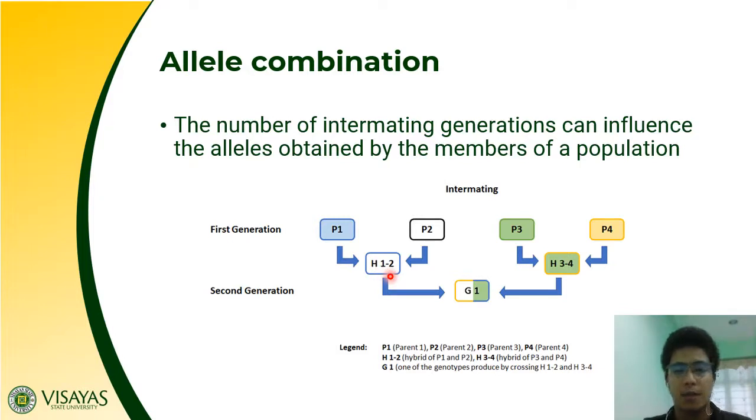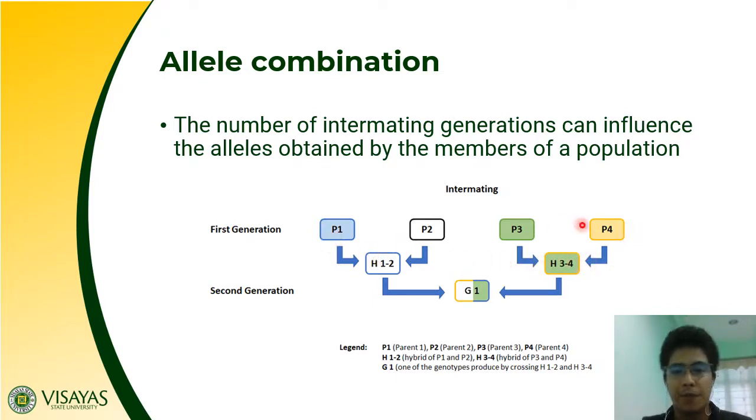I label it this way so you can track the alleles as well as the number of parents. Here we have a combination of blue border and a white inside color of the box, which denotes the hybrid between these two parents. Same with the offspring of P3 and P4, where we have the green and the yellow border.